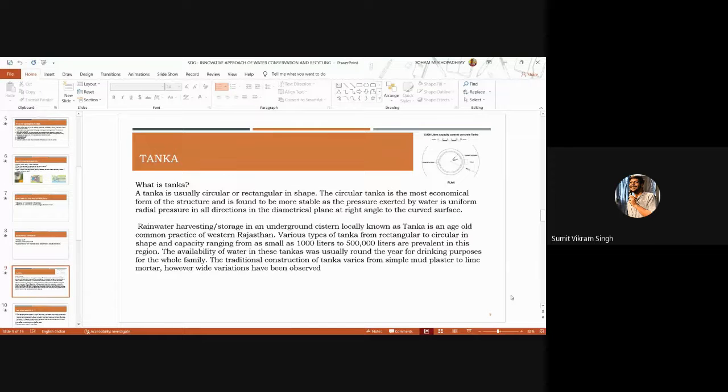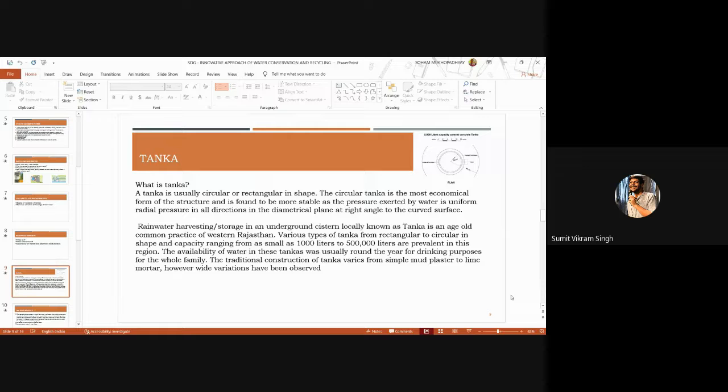So various types of tankas from rectangular to circular shape, with capacity ranging from, as I said, 1000 liters to 5 lakh liters, are prevalent in this region. The availability of water in these tankas was usually around the year for drinking purposes for the whole family.